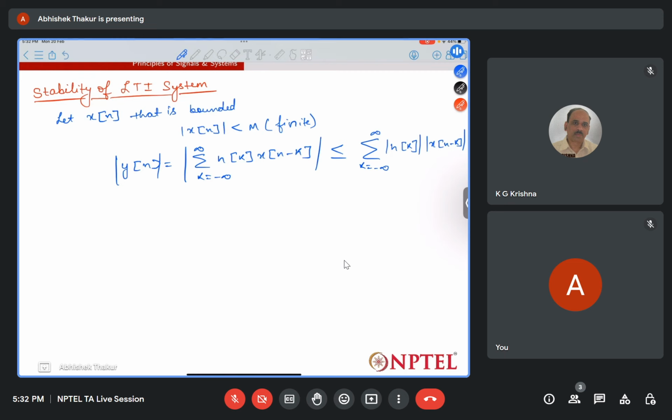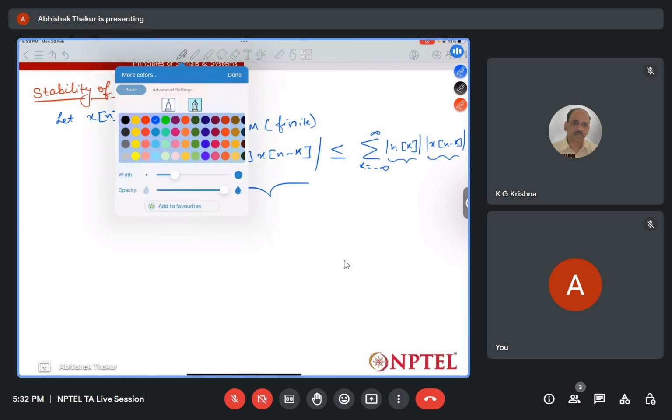We know this because the magnitude of a sum of numbers is not larger than the sum of the magnitudes of the numbers. If one term is negative and one is positive, on the right-hand side everything is positive, while on the left-hand side some positive terms cancel out with negative terms. That's why it is less than that.